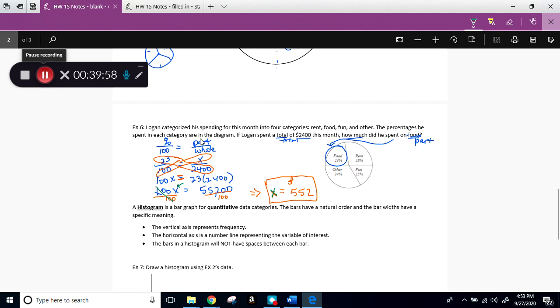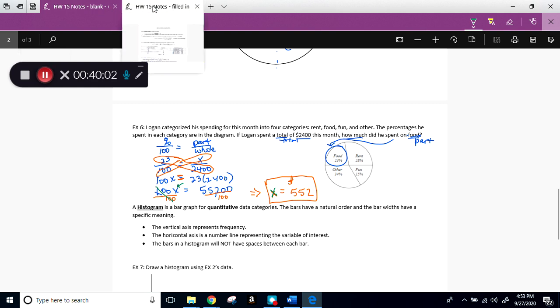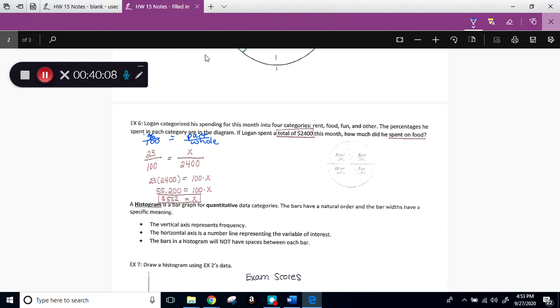Now I'm going to click over to my other one just to show you that you could have done this in a different way. It's the same way, but you could have multiplied the 23 times the 2,400 first. So here's the same setup. 23 times the 2,400 could have gone on this other side, is equal to 100 times X. So it doesn't matter which way you do that.